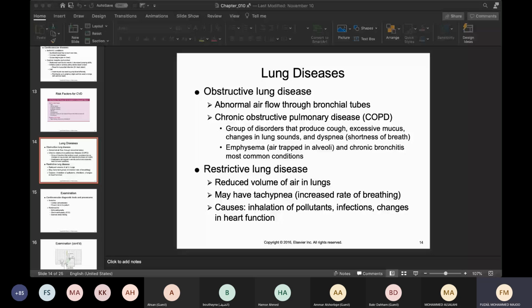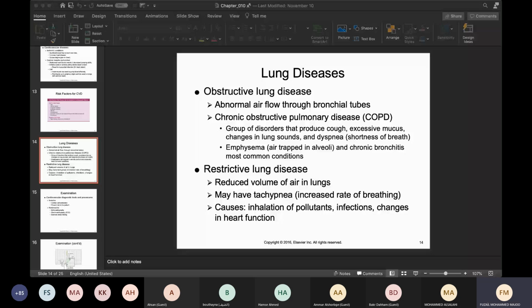When you look at some of the strategies, what are these strategies to prevent disease? Physical therapists can provide information on modifiable risk factors. You want to look at regular exercise also.